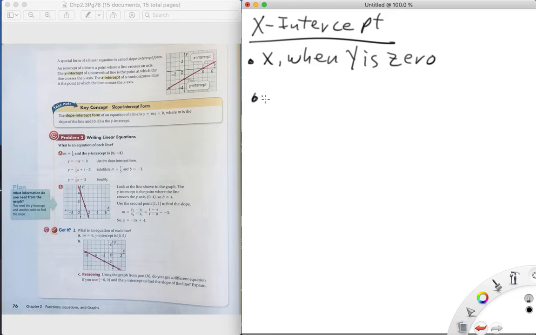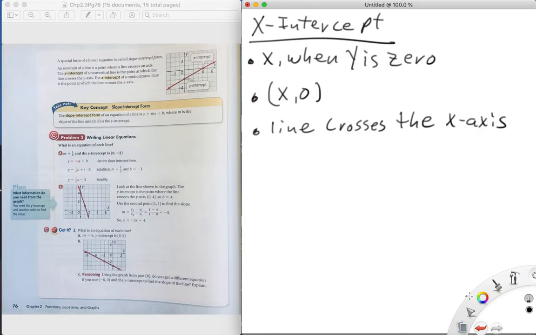So it's in the form (x, 0). Essentially, it's when the line crosses the x-axis. And we also have the y-intercept.